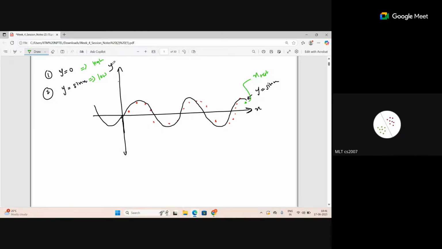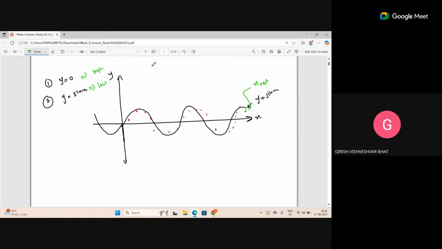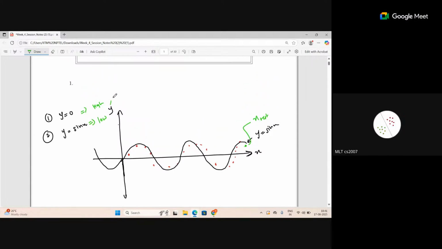What about the test error? That is also low for sin x, because your test point is much closer to sin x. So here it is high test error, and here it's a low test error.